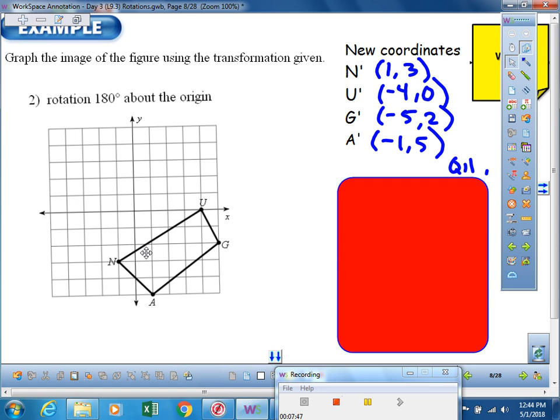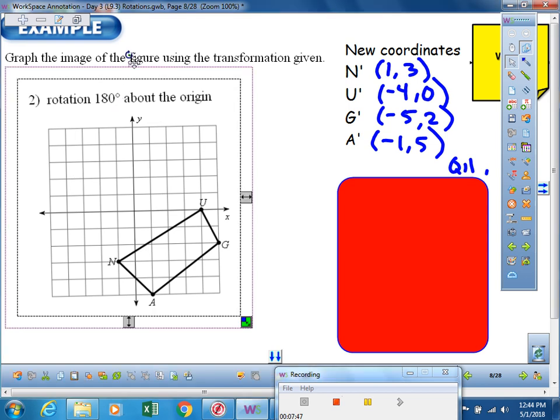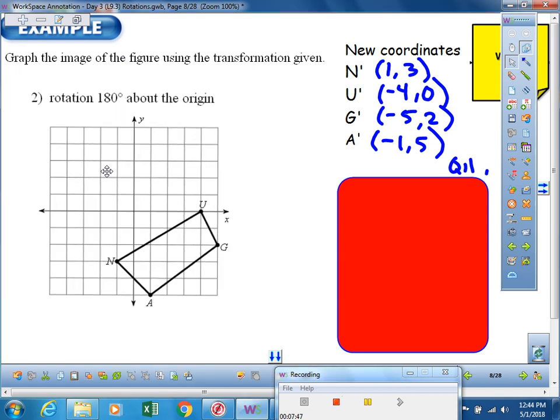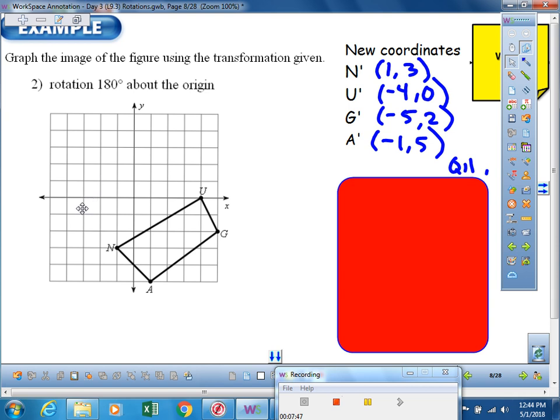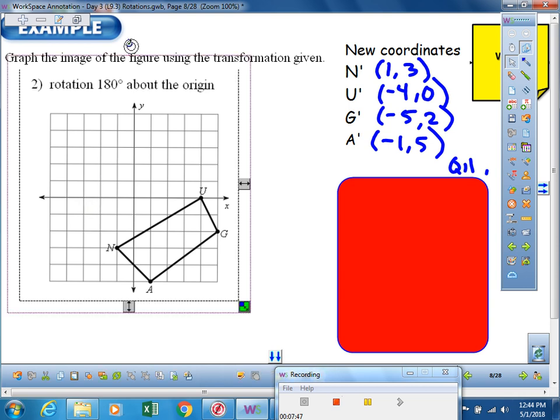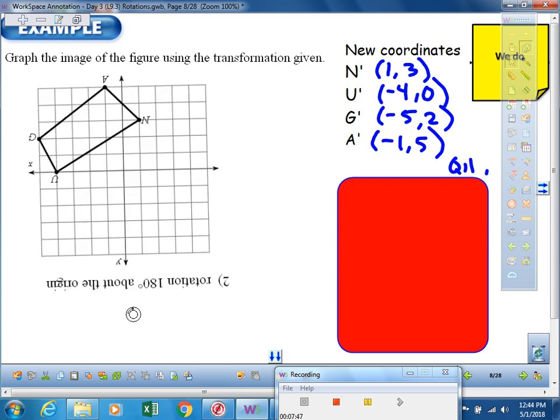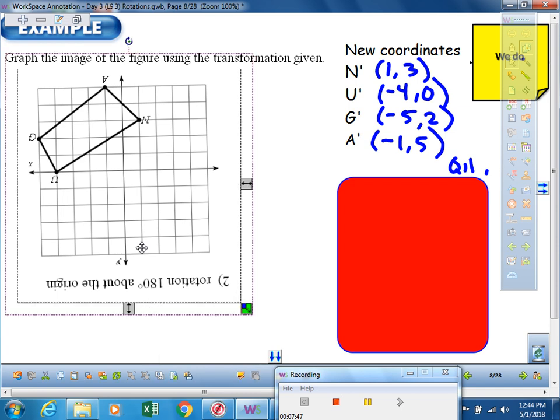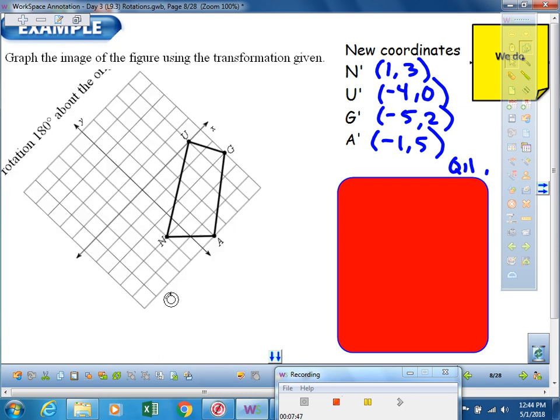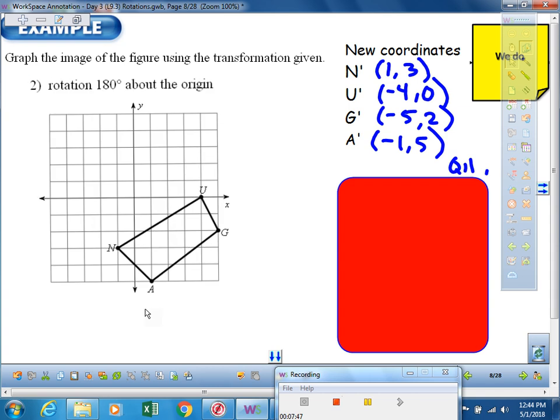Question? We're not making a reflection. We're rotating. Okay, we are rotating it. It's a turn. All right, and then we're going to look at the characteristics after.